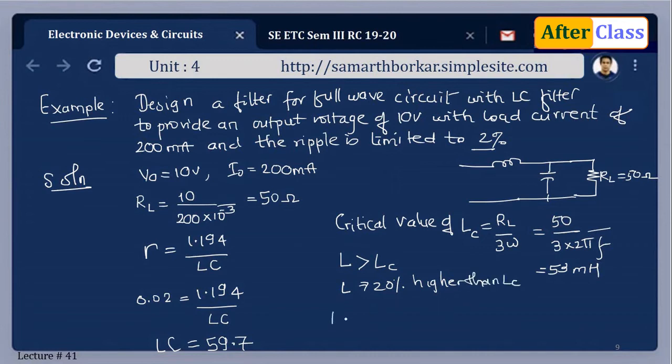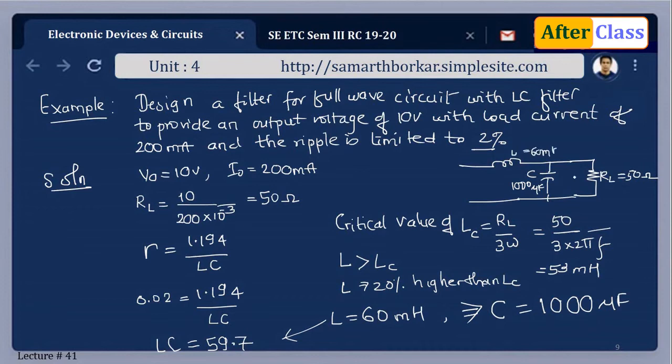So if I take L equals 60 millihenry, and if I substitute here in this equation, C will be about 1000 microfarad. So once your design is complete, you have to write the value here. First you write the notation, and the value is 1000 microfarad, and the inductance value is 60 millihenry. Fine. So this is about the LC filter. We will solve some more problems on this.